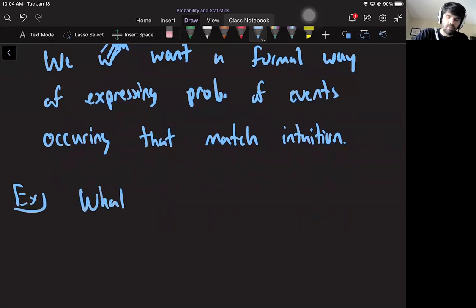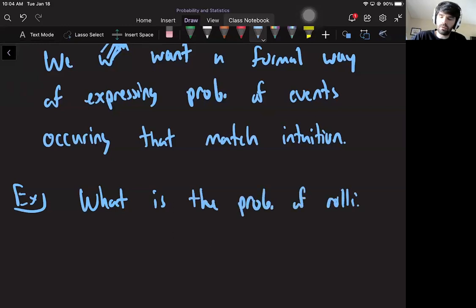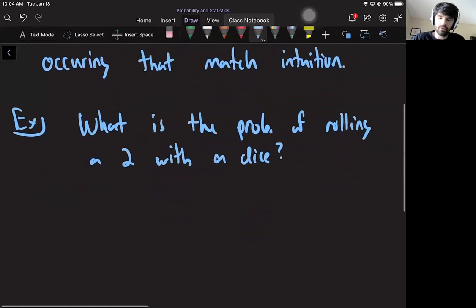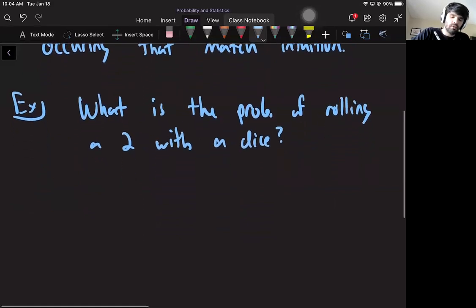So what is the probability of rolling a 2 with a dice? So this is something you would have learned a long time ago. But how can we think about it in a nice formal way?